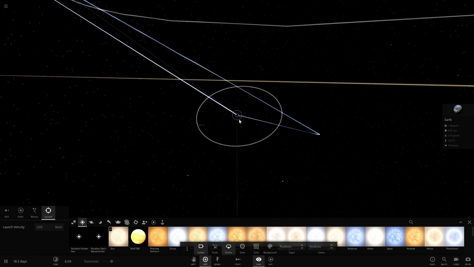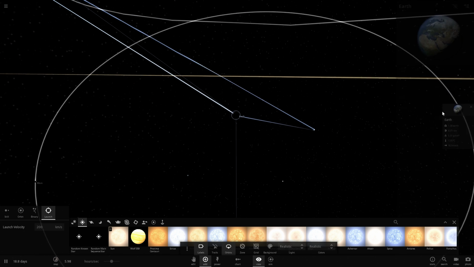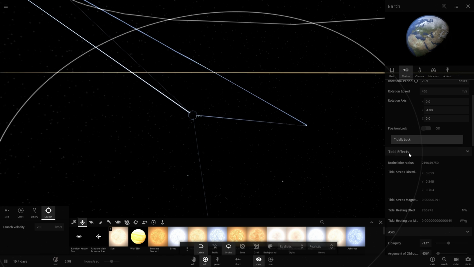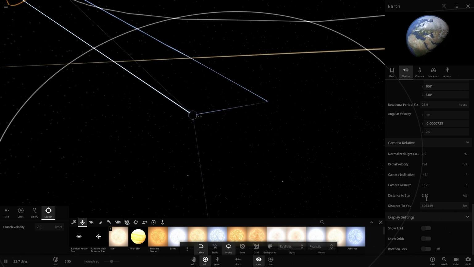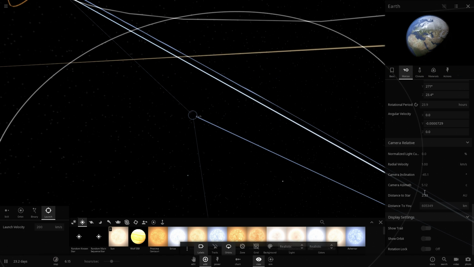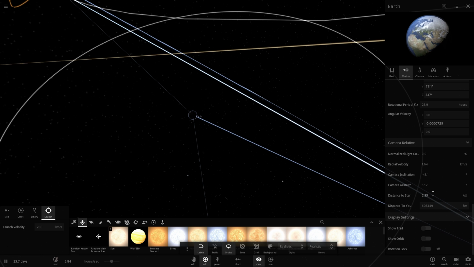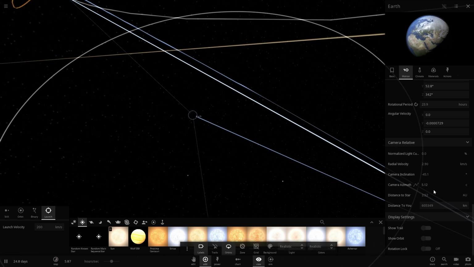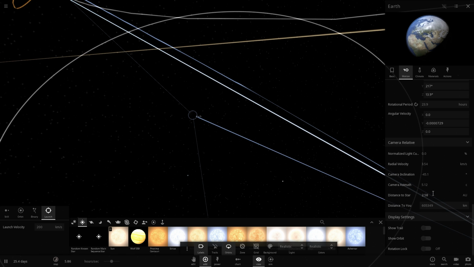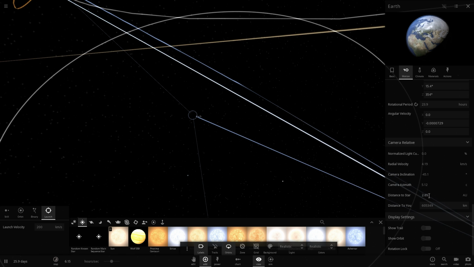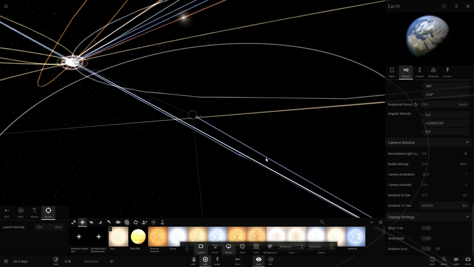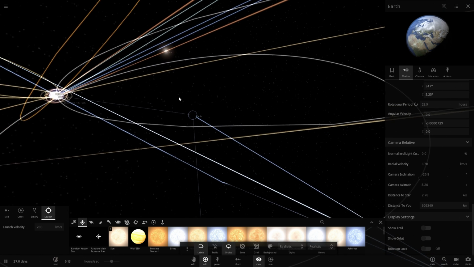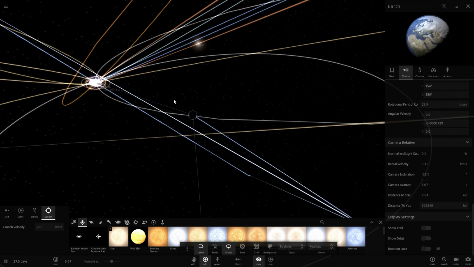So if I zoom into Earth again, and I go under motion here, you'll see that the distance to the star is increasing really fast. We're basically moving away from the star at a ridiculously high speed. We're already at a distance farther away than Mars is from the Sun, and it just keeps increasing because the Sun is essentially being attracted to the central black hole really quickly.